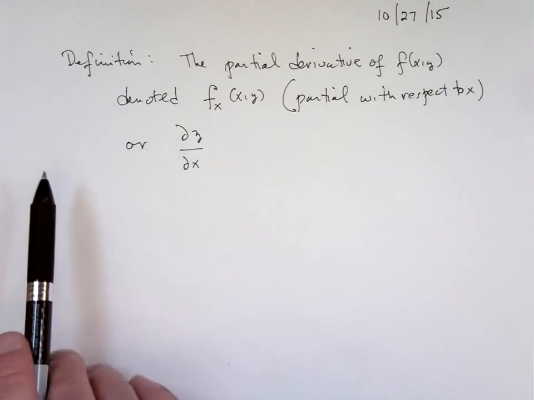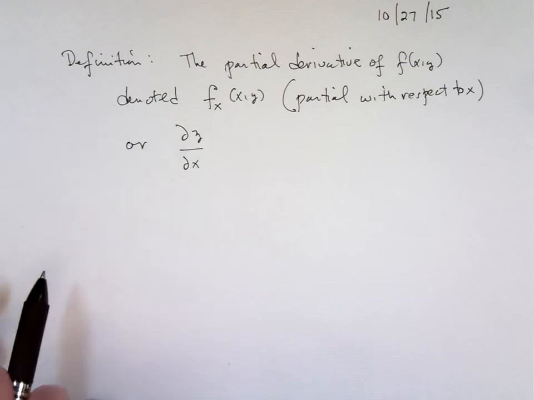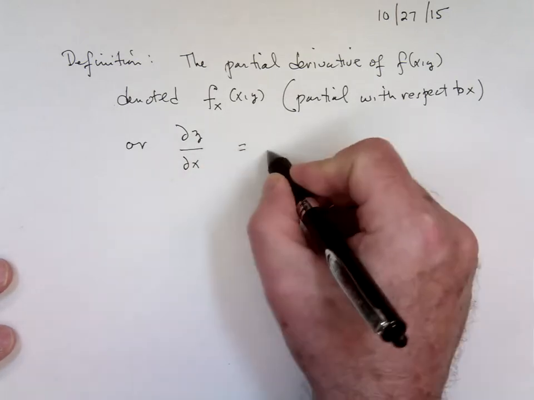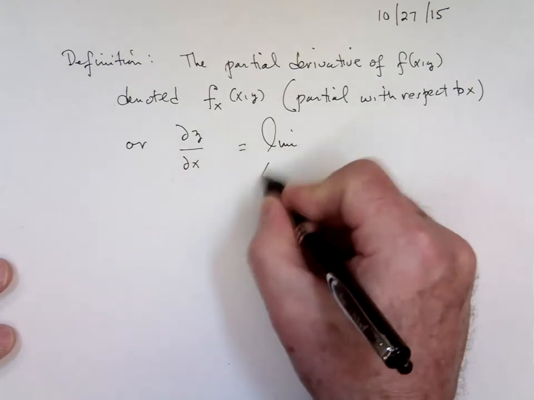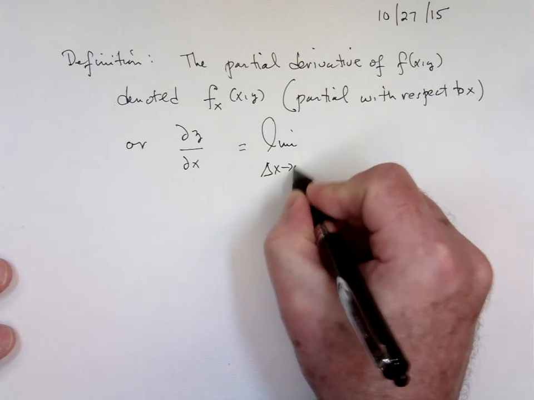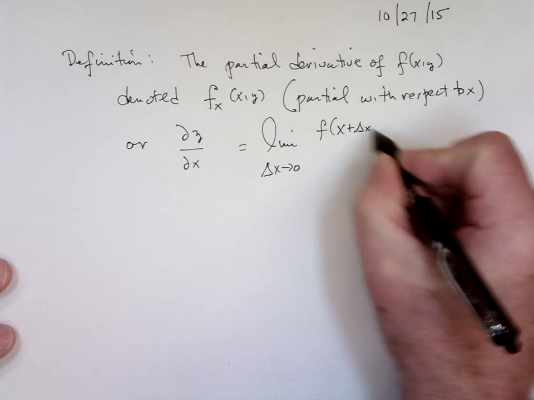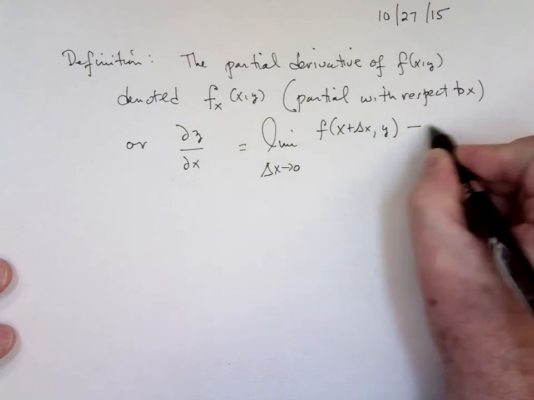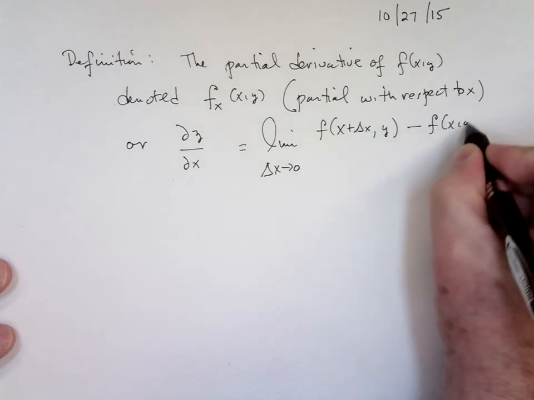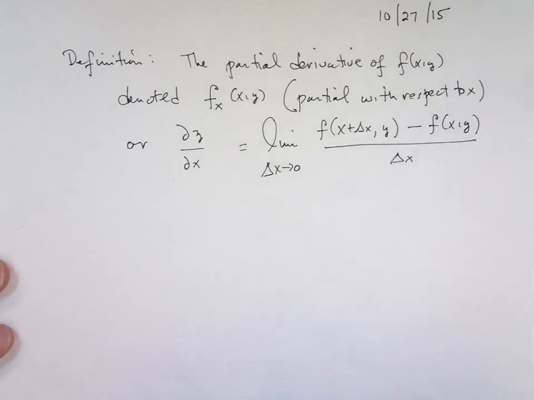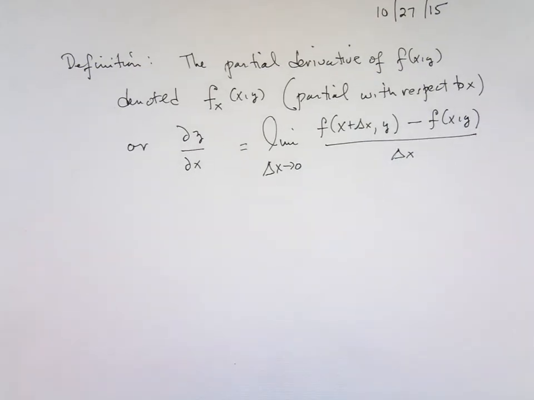These are little deltas, lowercase deltas, is equal to the limit as delta x goes to 0 of f of x plus delta x y minus f of x y over delta x. It's very similar to the definition of a derivative in Calc 1.